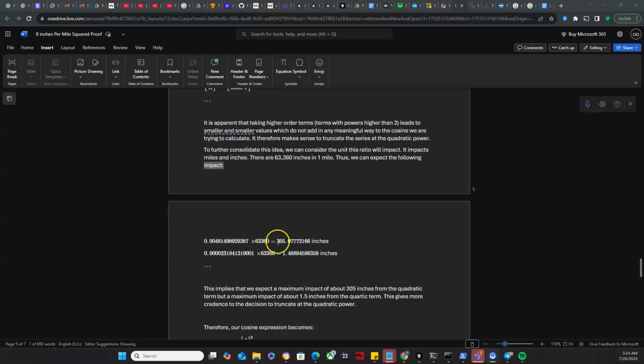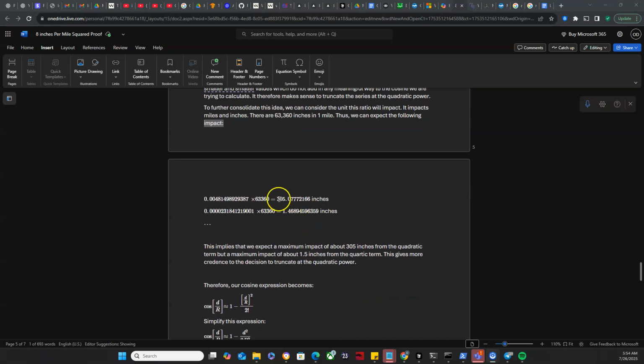So when we do it for the quadratic value, we get 305 inches, which is pretty significant. We can notice that kind of curvature drop. But for the quartic, you have 1.5 inches, which is very difficult to observe. A drop of 1.5 inches.